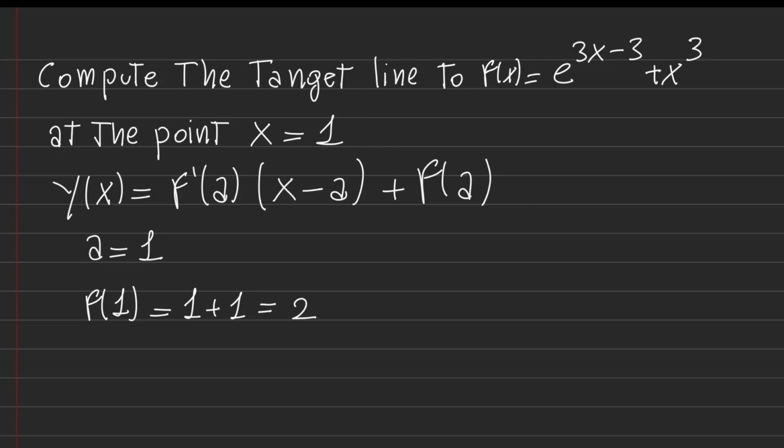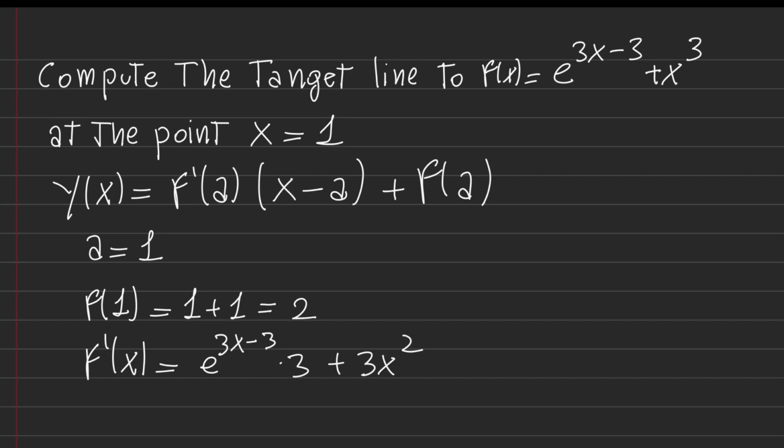And then we need to compute the derivative, f prime of x, which is equal to what? Well, we have to differentiate e to the 3x minus 3, which is e to the 3x minus 3 times 3, because I have to remember to differentiate also the exponent, plus the derivative of x to the power 3, which is 3x squared.